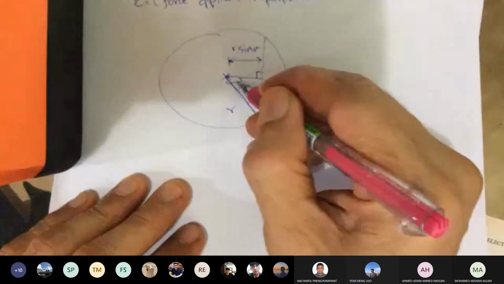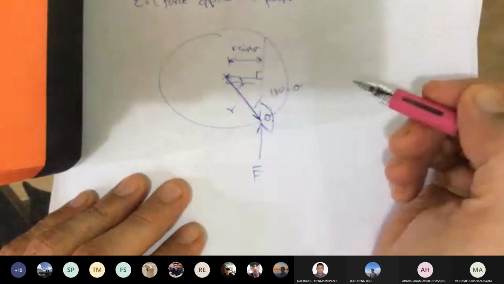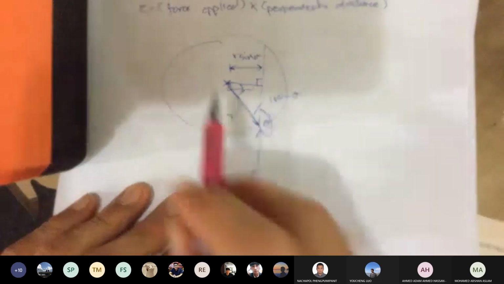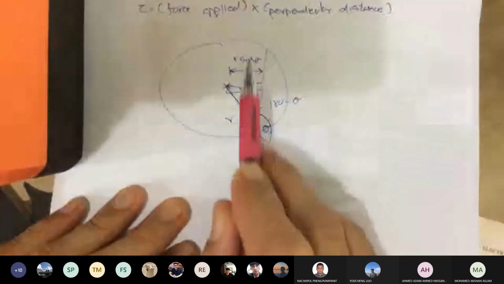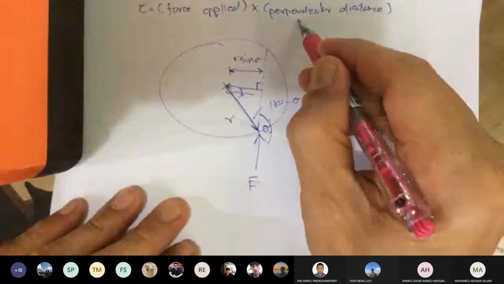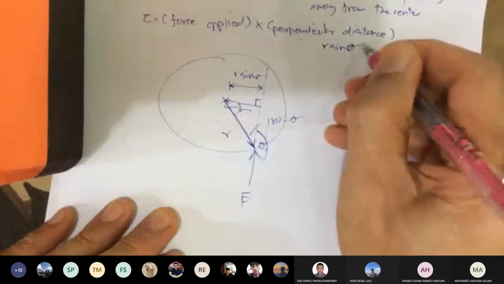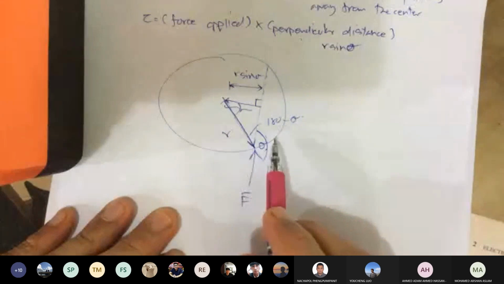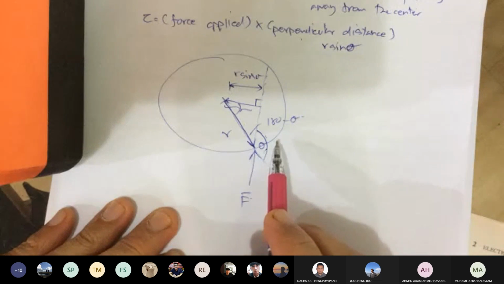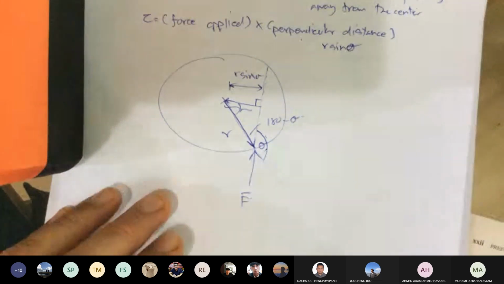What are the other angles? You can find that out. That applies to R F sine theta. The perpendicular distance here is R sine theta, where R is the radius. Okay, so that's torque.